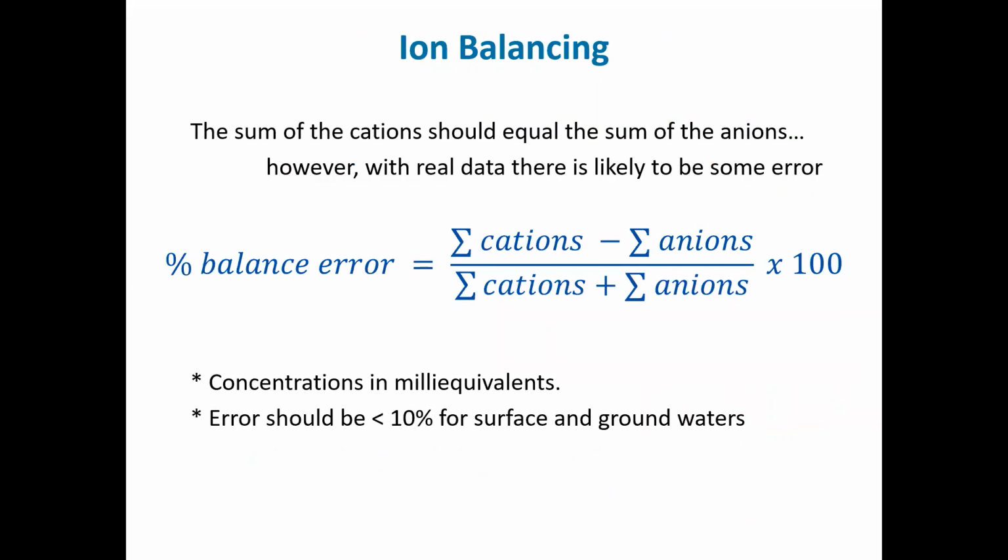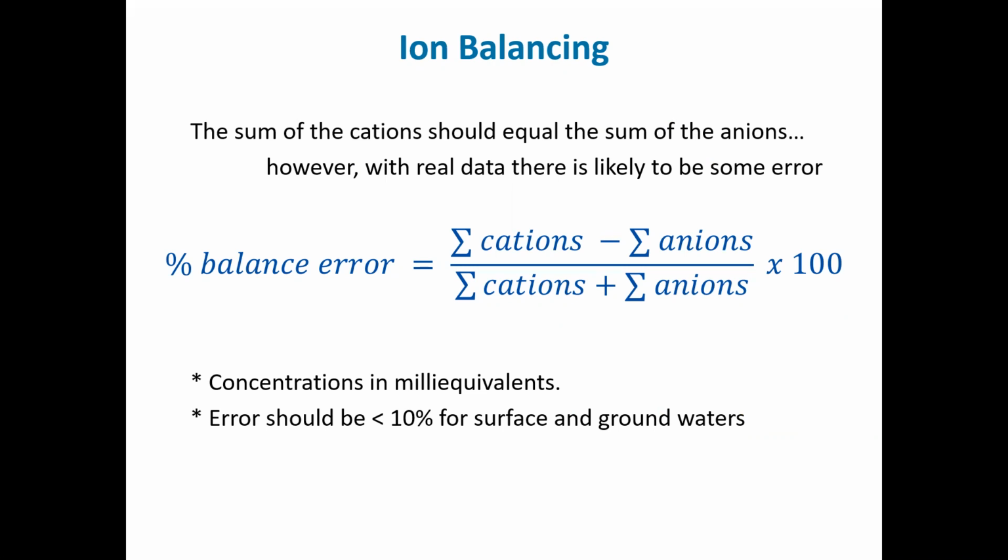Something else that's important to know is whether your ions balance out. We talked about this, I think it was last week, in that sometimes the analysis is not perfect. There are a number of reasons for this. Sometimes there's just a certain amount of error in the test, whether it's human error or the testing error. Sometimes there are other compounds that have not been tested for.